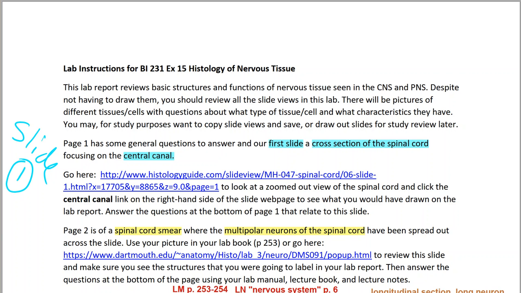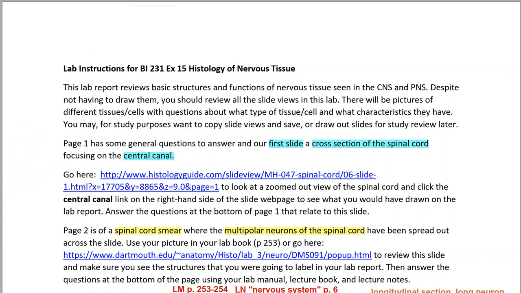All we're really trying to get at is that your spinal cord has water on the outside of it, and it has a space running down the middle that is filled with fluid. And you're looking at the cells that line that particular canal.